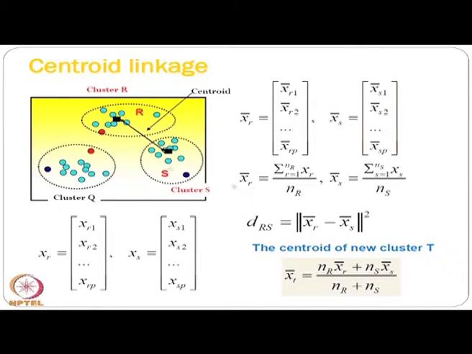How are you finding it? You are summing over r equal to 1 to nR, where capital nR is the number of elements in this cluster, and capital nS is the number of elements in the other cluster. Then for each variable you find the mean value, that is the sum total of individual variable values up to nR observations divided by nR.